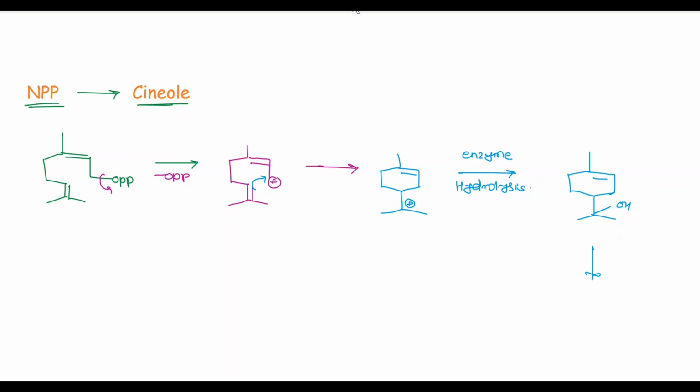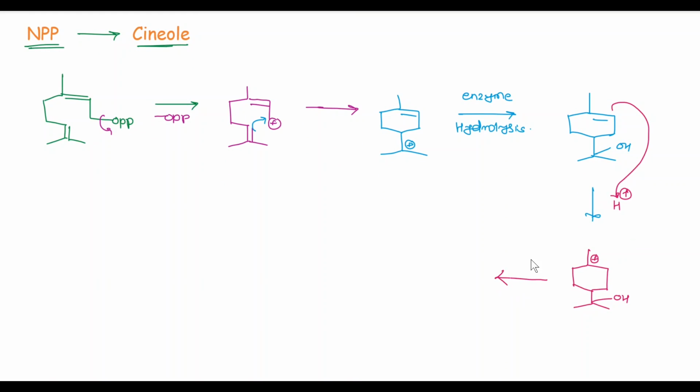In the next step, after H plus, we get a tertiary cation here. In the next step, this lone pair of oxygen attacks this carbon atom of the carbocation and we get this compound, here hydrogen, here a positive charge.